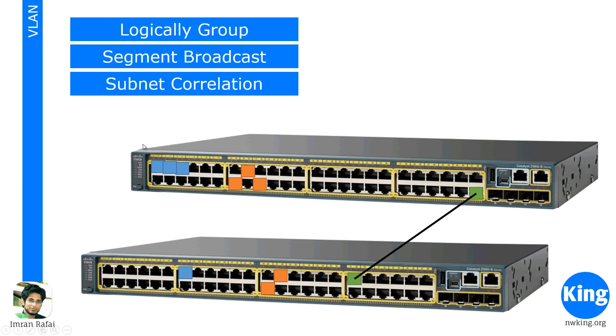Now this is 192.168.1.0, this is 192.168.2.0. So interface VLAN 10 should have an IP address from that same range, and only then can a device connected to these ports access it. And interface VLAN 20, the management IP for VLAN 20, needs to be part of the same network.